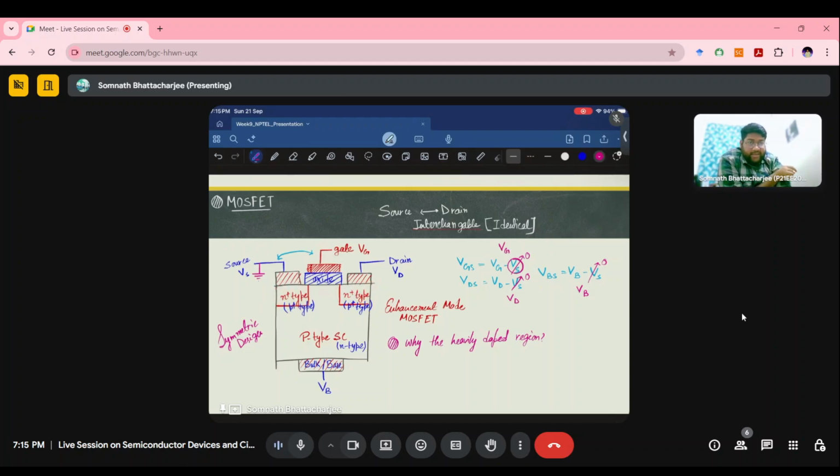The basic and primary reason is to avoid contact resistance formation. If we heavily dope this area, we'll get a very low contact resistance.